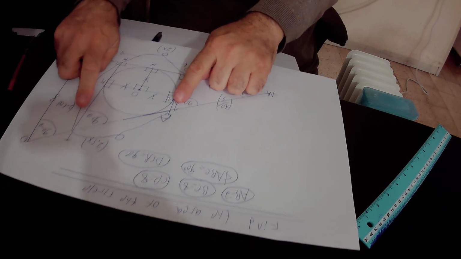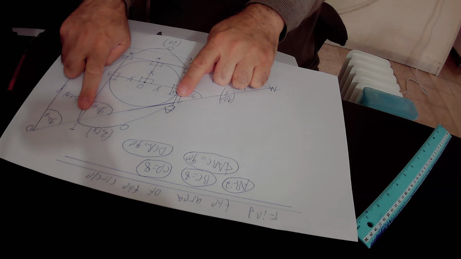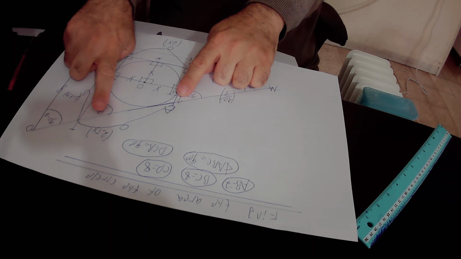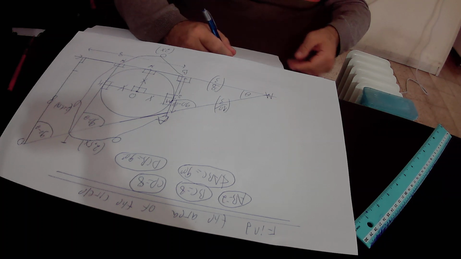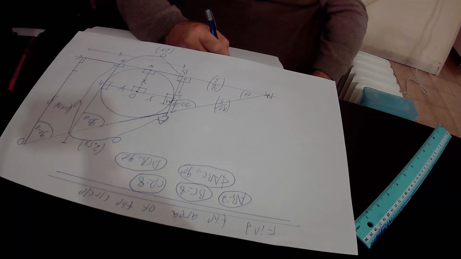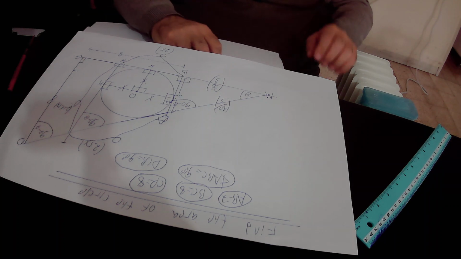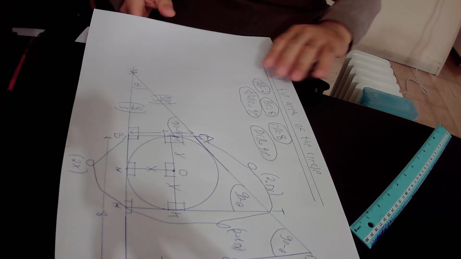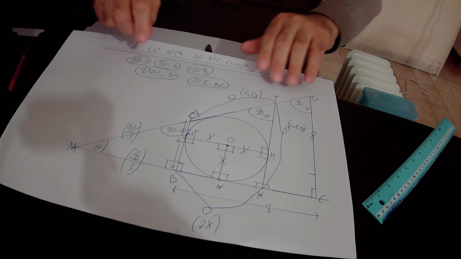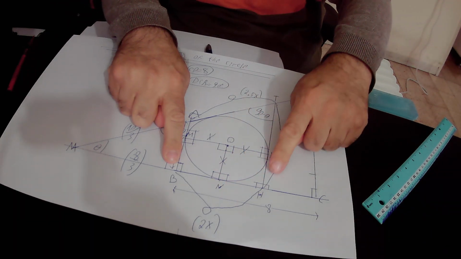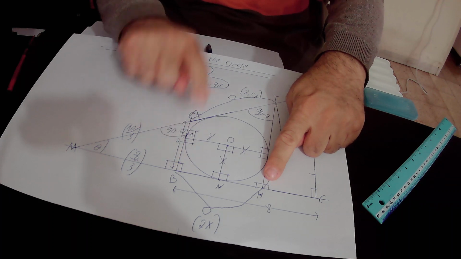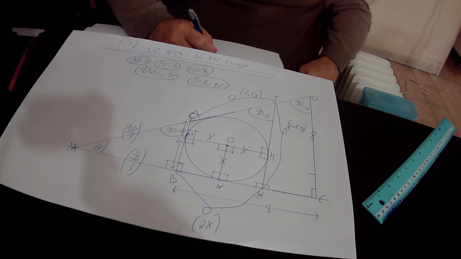Here, we already found out that AT equals 2.5x, so we substitute AT by 2.5x in the equation, plus BH. We already found out that the length of line segment BH equals 2x. Therefore, we substitute BH in the equation by 2x. And it equals AB.